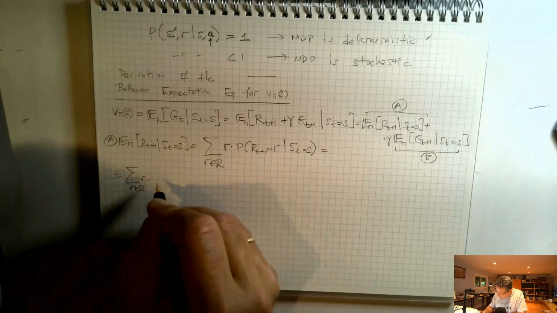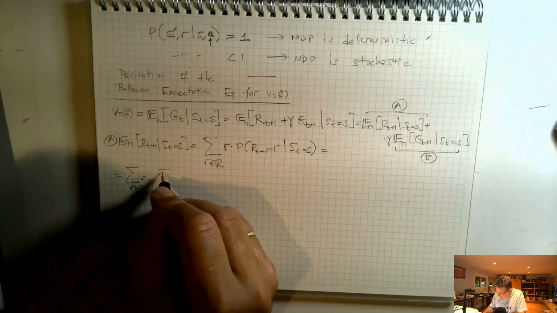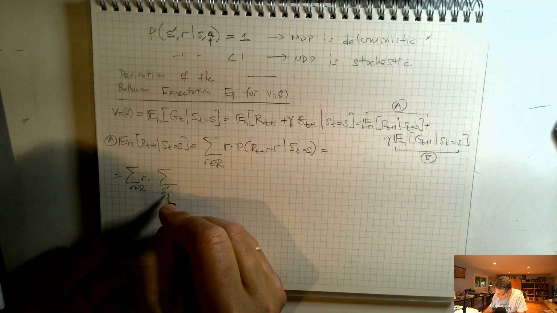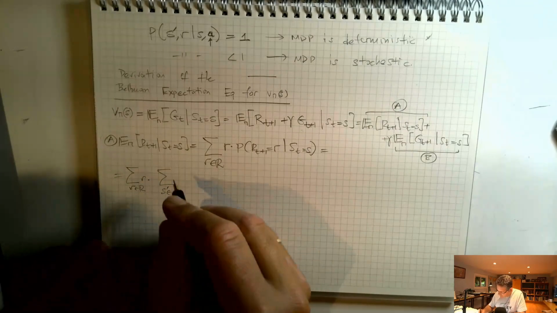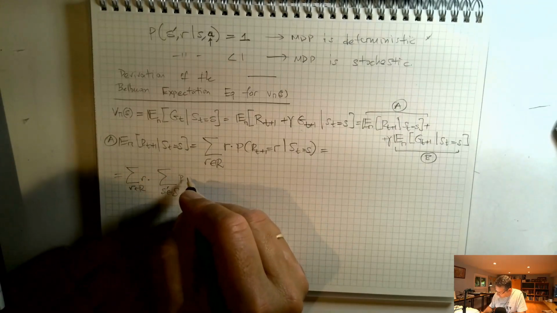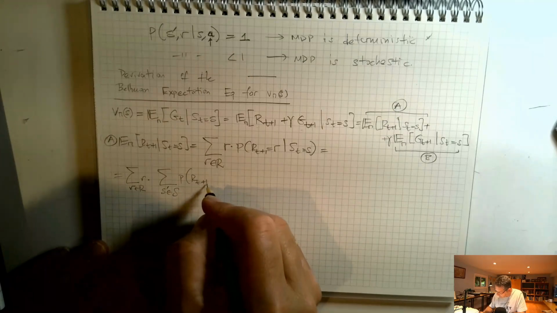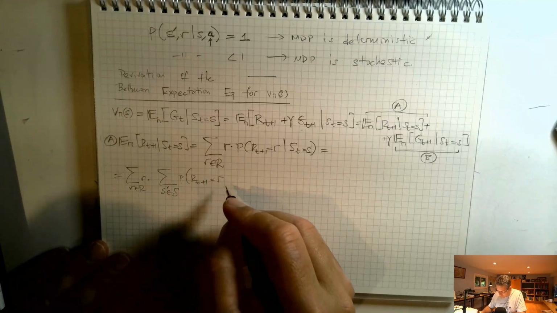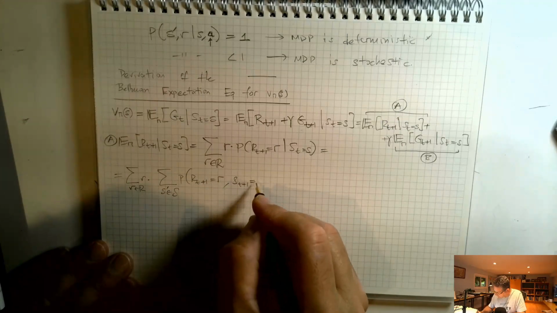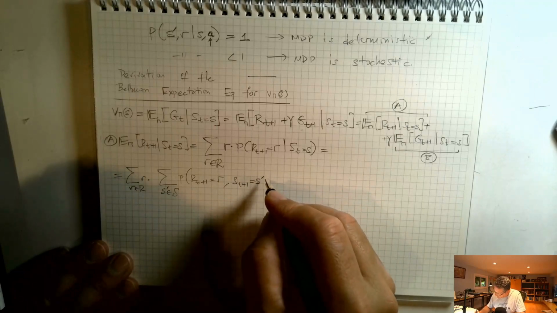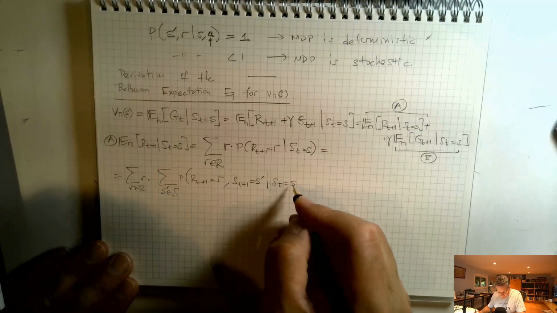So we can write this as a summation over all s primes belonging to the set of states S of P of Rt plus 1 is equal to R, comma, St plus 1 is equal to s prime, given St is equal to s.